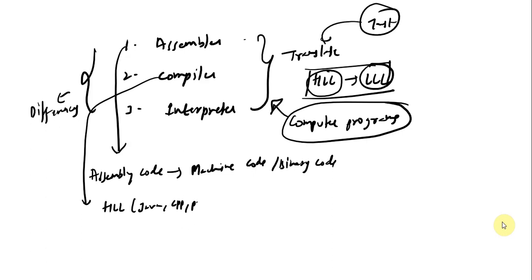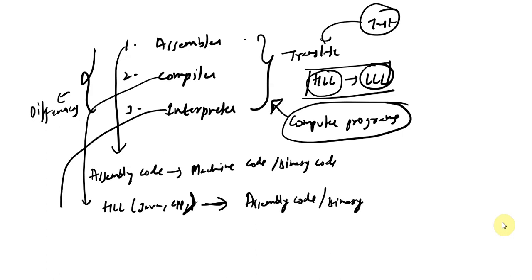So it translates your high level language code into your assembly code, or directly into your binary code if the compiler has inbuilt translation of the assembly code in place.